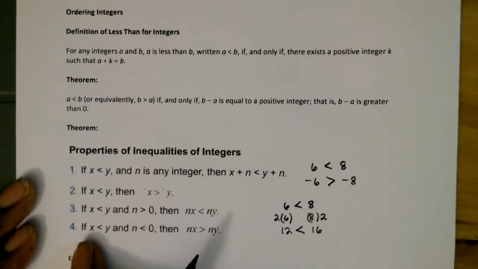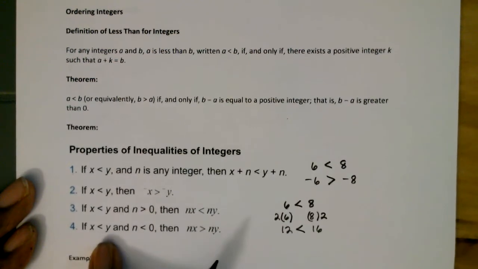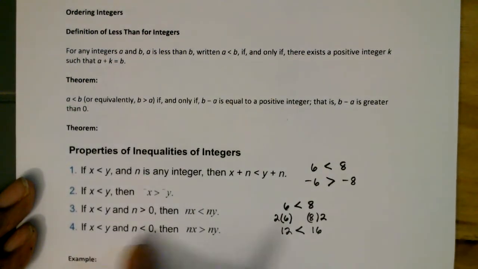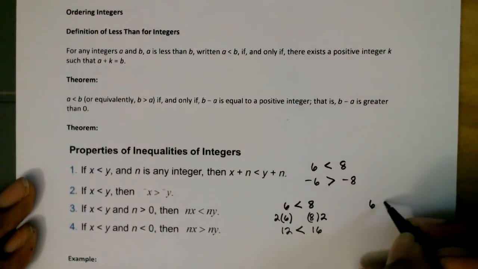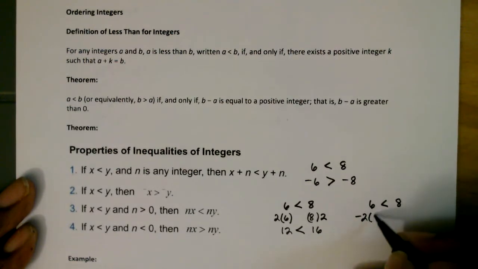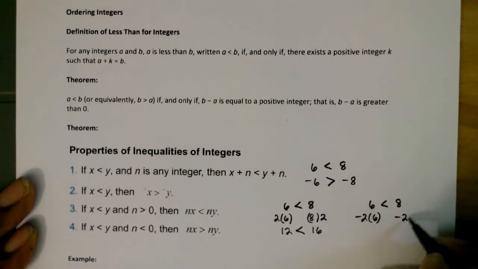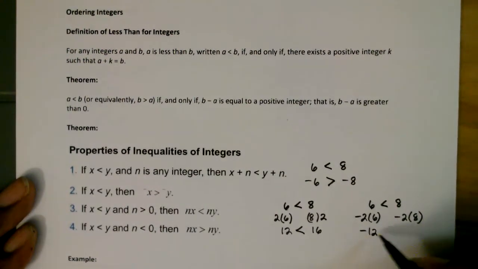Now, this fourth one, X is less than Y and N is less than 0. N is negative. If I multiply this on both sides by some negative number N, notice that the inequality symbol reverses. So with 6 less than 8, but let's say I multiply both sides by negative 2. Negative 2 times 6 is negative 12.